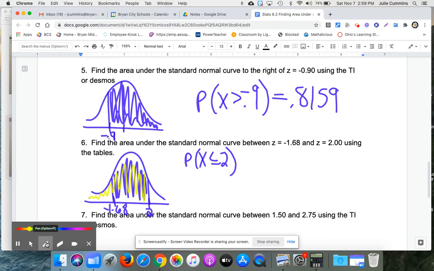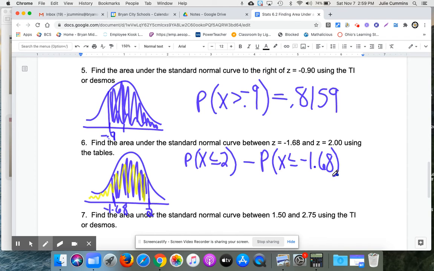And then we'll need to subtract the little part that we don't need, which is the area to the left of negative 1.68. We're going to subtract out the area to the left of that green part. And then that subtraction will give us the area that's left over, this in-between stuff. So that's what we're pulling up on our table.